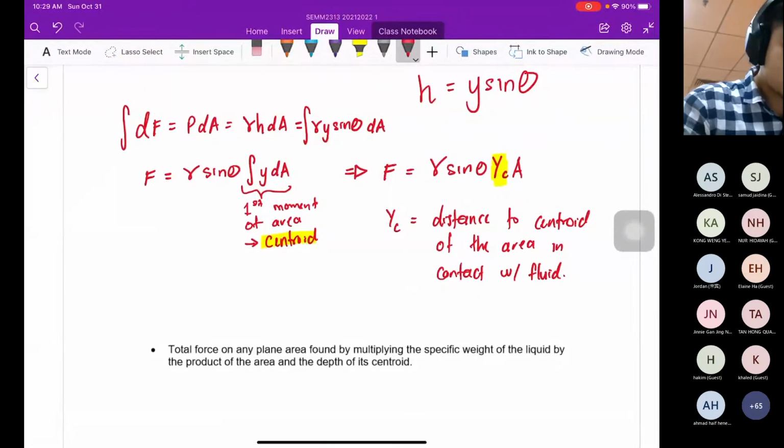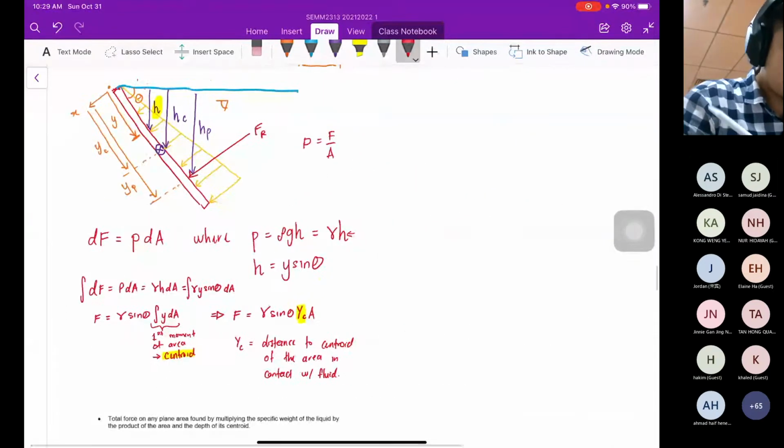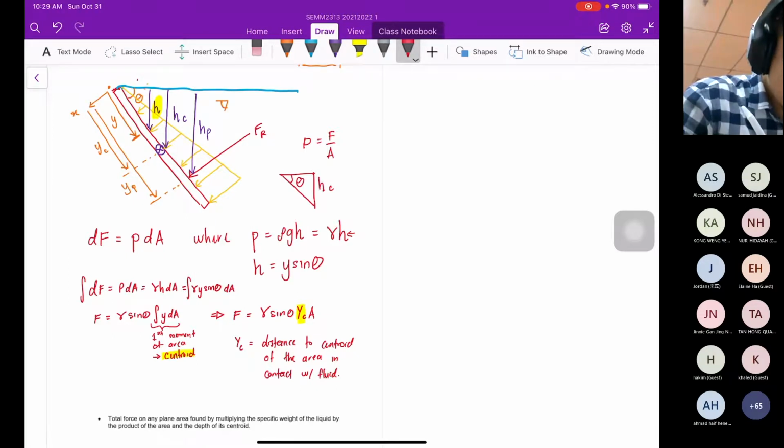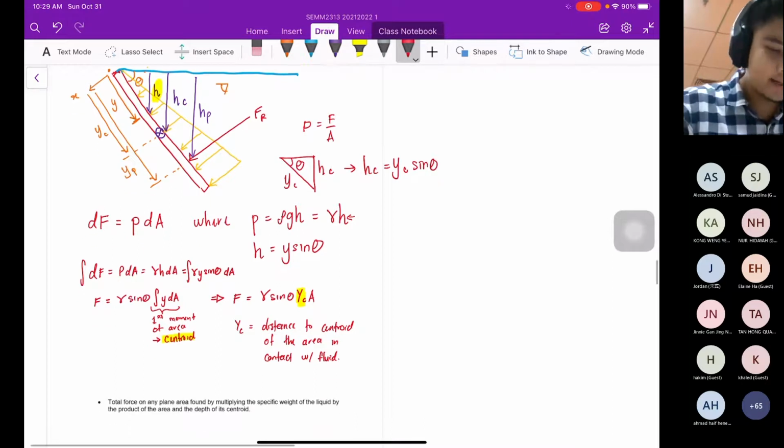Okay, let me draw you the triangle. Okay, this is the theta. Remember that this is HC and this is translate to YC. So in order to get the HC, basically YC sine theta.